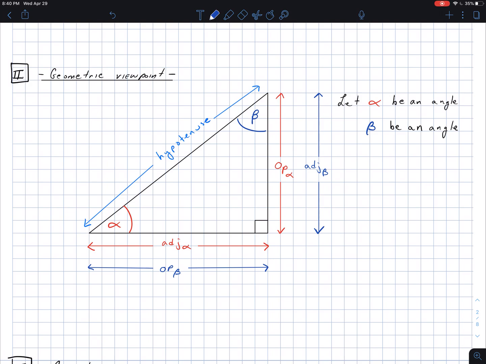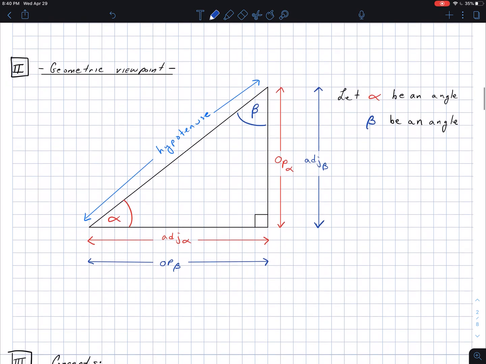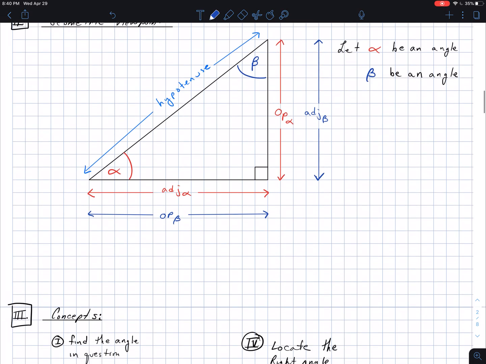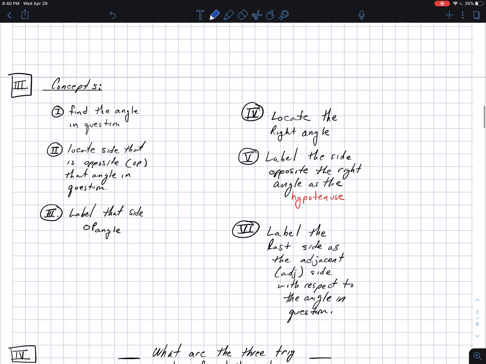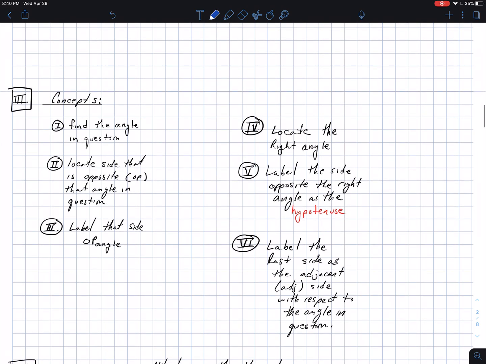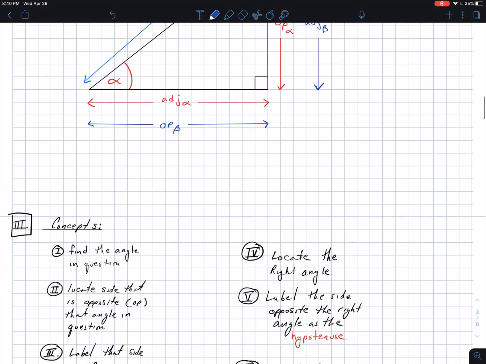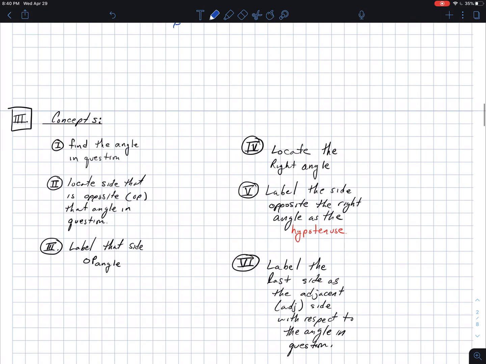Now, there are going to be some variations here, of course, but we're going to look at them in more detail. So here are some basic concepts of how we're forming these ratios, the sine, cosine, and tangent. The first thing you want to do is find the angle in question, in our case alpha or beta. The second is to locate the side that is opposite that angle.